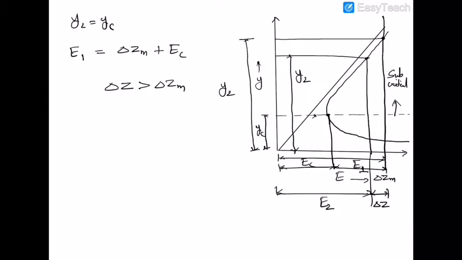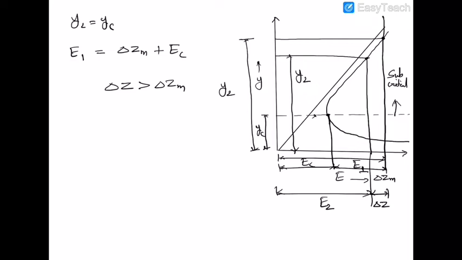Look at this figure, this curve. Here, to increase the specific energy at section 1, we need to increase the depth of flow. So automatically the depth of flow at section 1 will increase when we further increase the height of the hump beyond delta Zm. Clear?